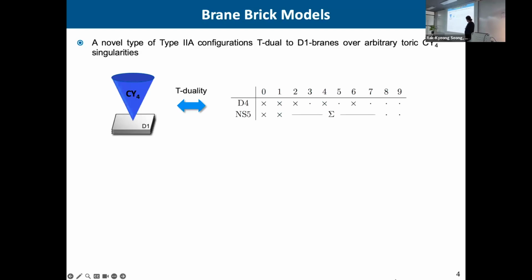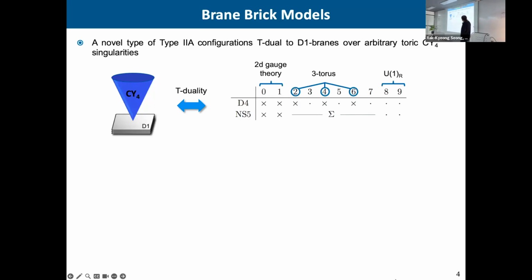So what happens is that you have D4 branes which are wrapping 5 directions, 0 and 1, which are going to be common to another type of brane in which the gauge theory is going to live, and then it also spans 2, 4, and 6. And then the NS5 brane is going to span 0 and 1, and then it's going to be wrapped over some complex surface, meaning something that has 4 real dimensions in 2, 3, 4, 5, 6, and 7.